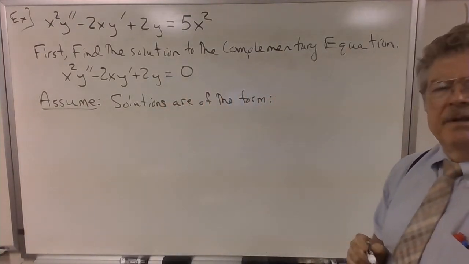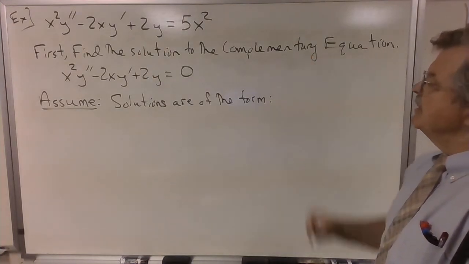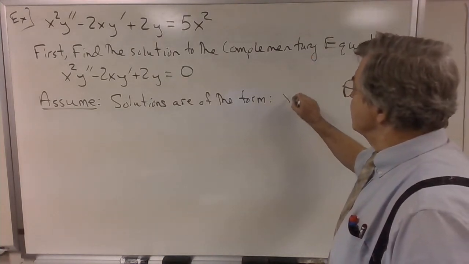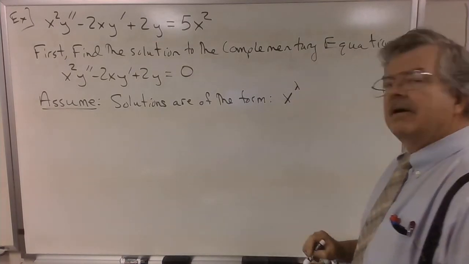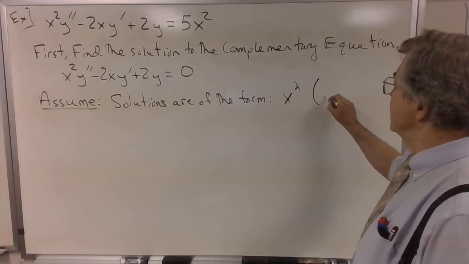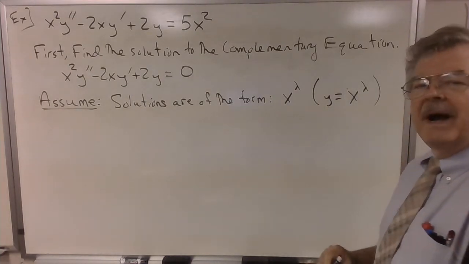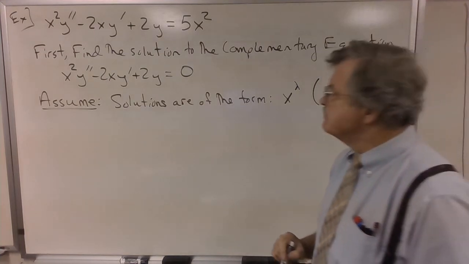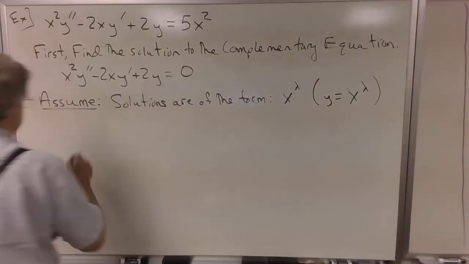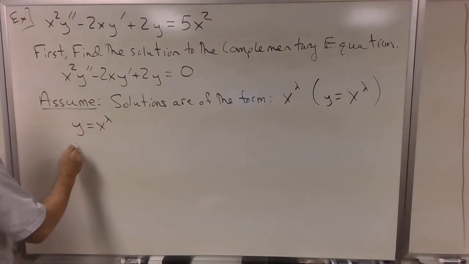This is an Euler equation, so we guess the solutions of the complementary equation are of the form y equals x to the lambda.